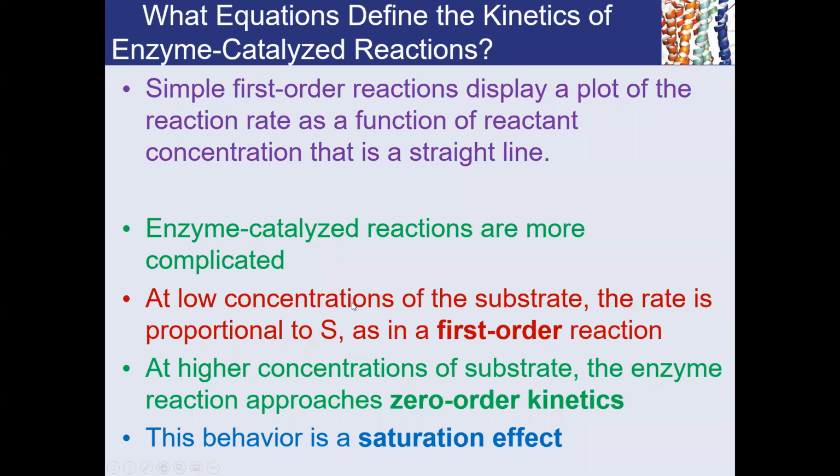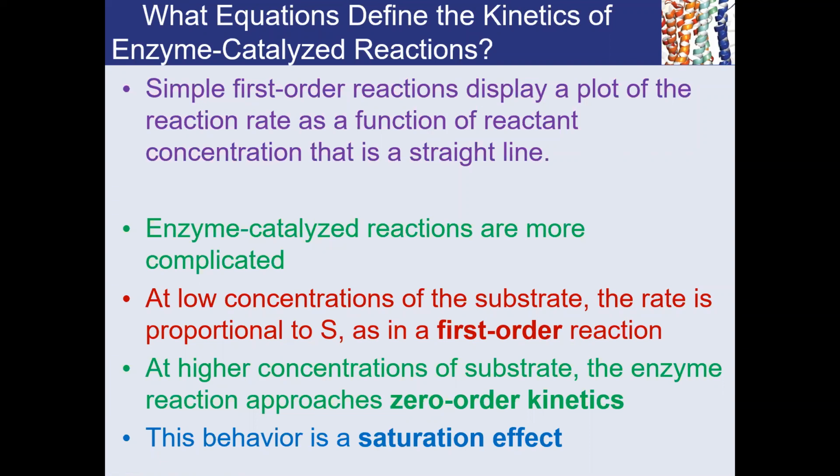At low substrate concentrations, the rate is actually proportional to the S. So there is a real linear relationship. Rate is proportional to the substrate concentration, and therefore it is first order with respect to the substrate. But if you increase the concentration of substrate many-fold, then the enzyme reaction approaches zero order kinetics, no longer dependent on the substrate concentration. So at much, much higher concentrations, how much higher concentrations, I will tell you in a little bit.